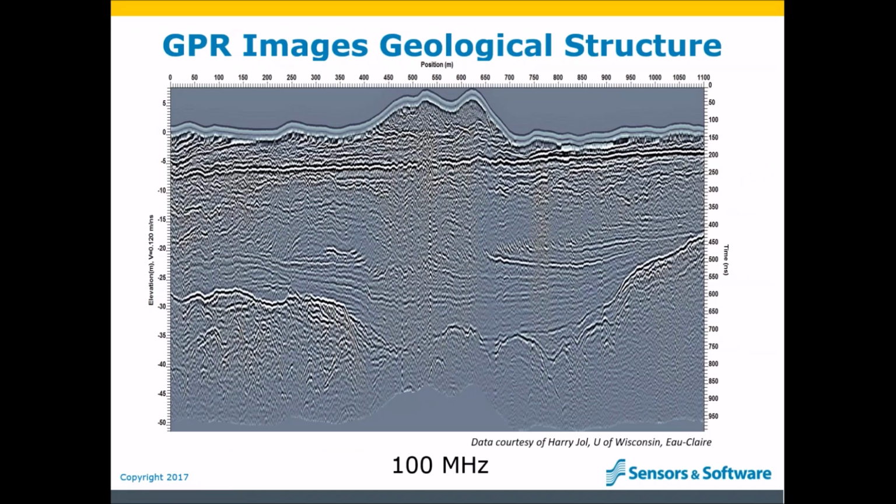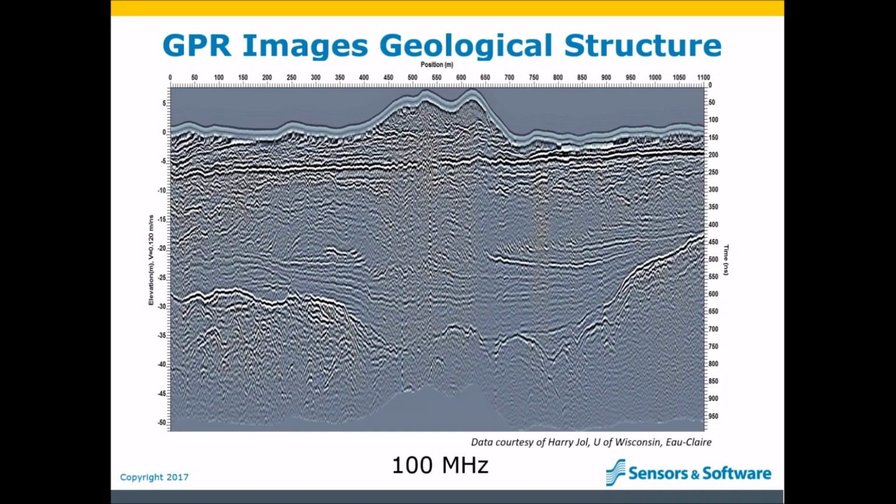Here is an image that shows what I'm talking about. This image was collected with 100 megahertz antennas, low frequency antennas in the GPR world. Notice that the depth of penetration is about 50 meters. The objective of this survey was to image the geological stratigraphy of the area to look for structures that indicate the depositional history.